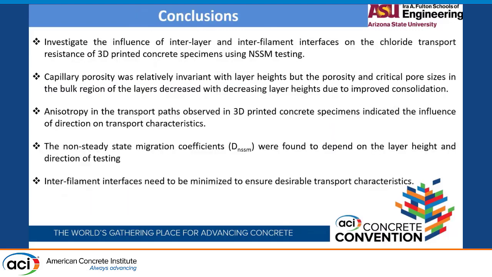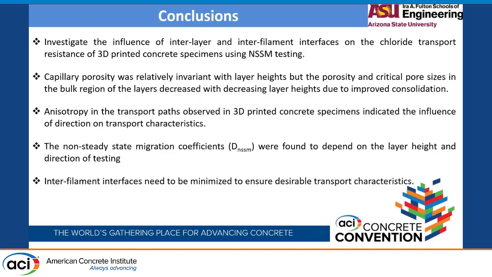So the major conclusions were that the interfaces have a significant influence on the transport properties, and although the bulk properties like capillary porosity and electrical resistivity seem to be invariant with direction of testing and layer height, the microstructure from MIP showed a significant difference, and non-steady state migration coefficients showed a significant influence of direction of testing as well as layer height.